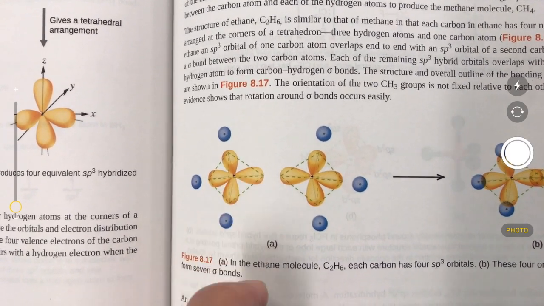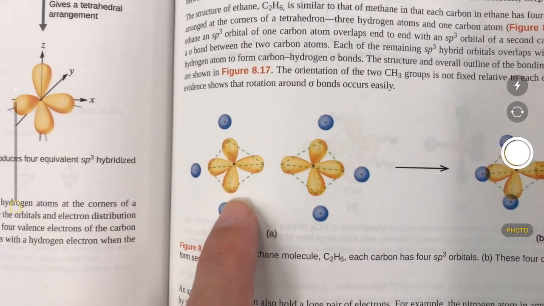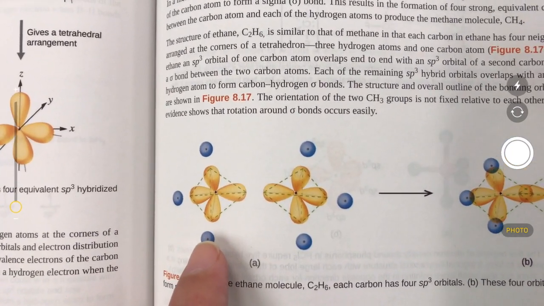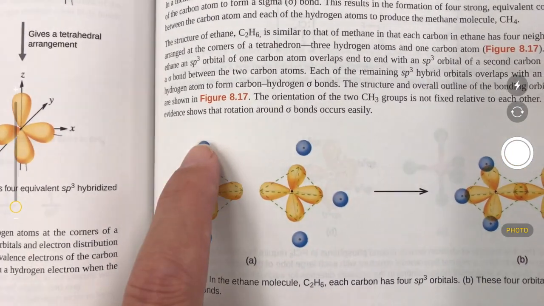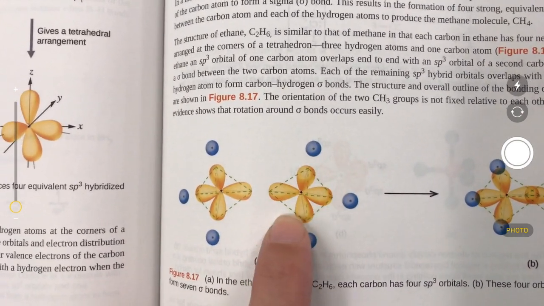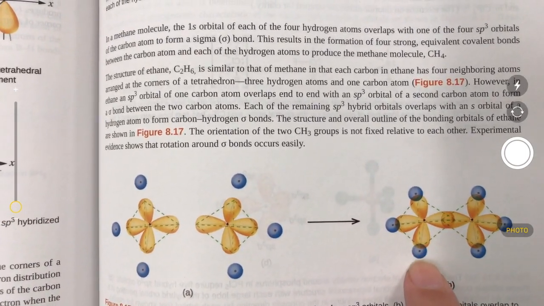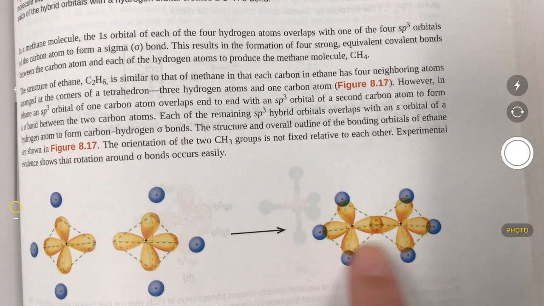That dot in the very middle is carbon, and you can see these four lobes. Those are four different sp³ hybrid orbitals, and here's a hydrogen, hydrogen, hydrogen, and then we have the same thing over here, and another four lobes. And these all come together, and you'll see that you form this molecule here.